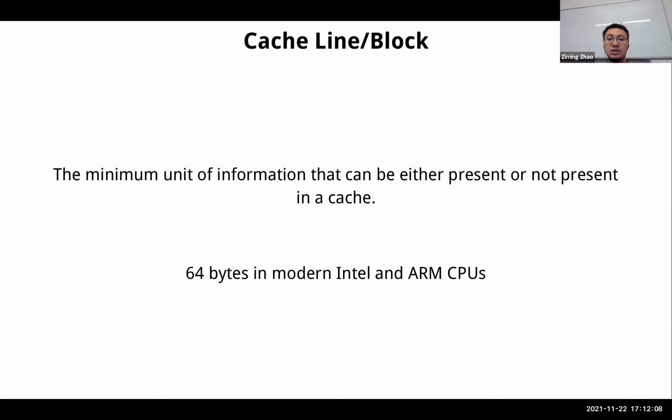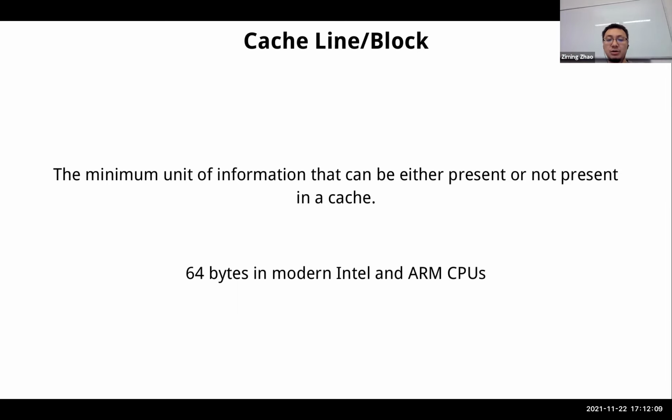Usually in Intel and ARM CPUs, that's 64 bytes. So if in your machine code you are accessing 1 byte in memory, the CPU will actually load 64 bytes of that continuous memory area to the cache. Then the CPU can retrieve from the cache, even if you're only using 1 byte.